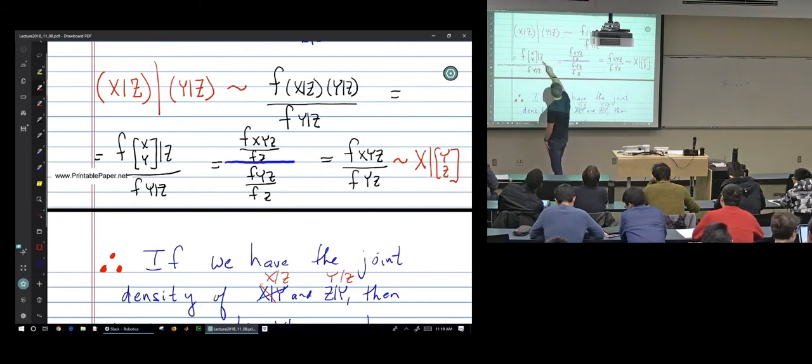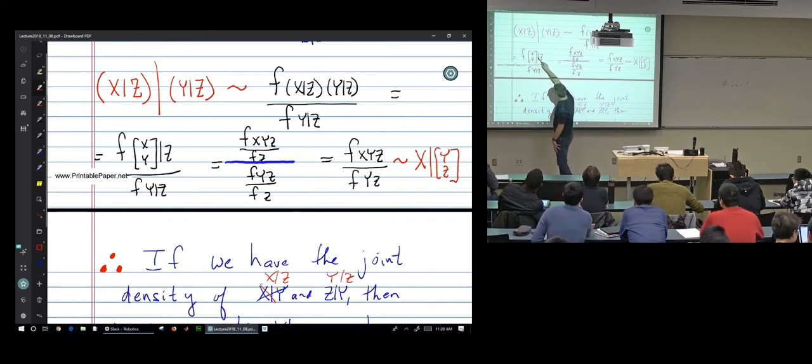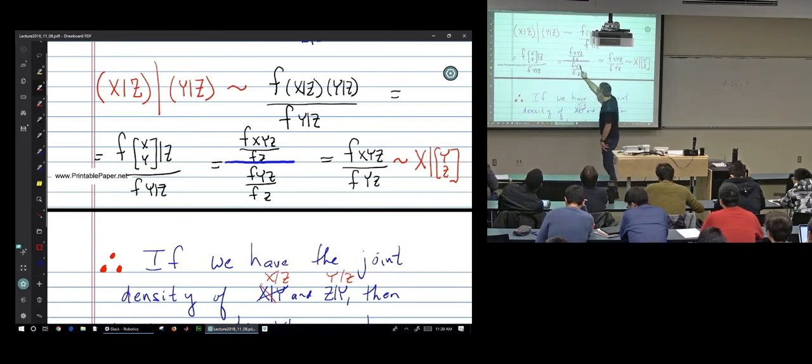X, y given z, which really means x given z, y given z. So the joint density of that and then we condition on y given z. But this is a conditional density, so it's the joint divided by the marginal.